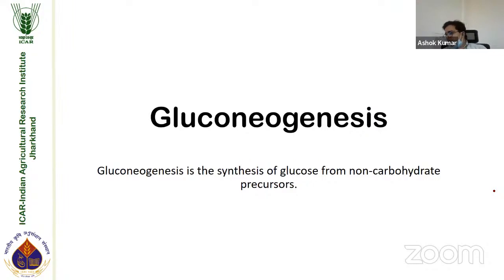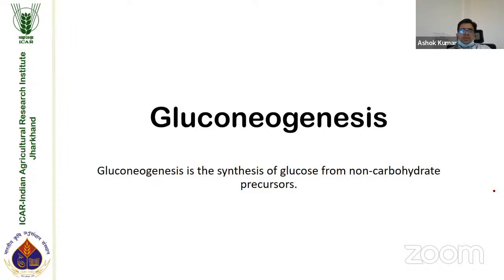Coming to the opposite of glycolysis, we have gluconeogenesis. It is a metabolic process where we produce glucose from non-carbohydrate precursors. Why do we do gluconeogenesis? Many times cells are in starving conditions, and in those conditions glucose is required.